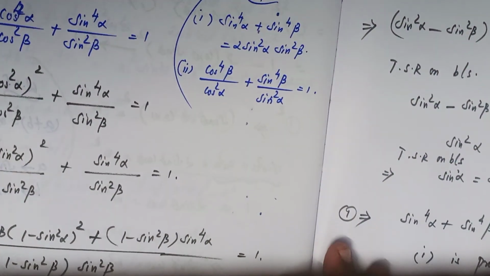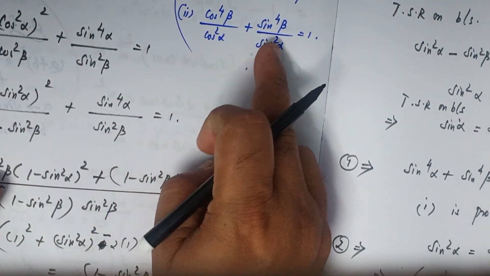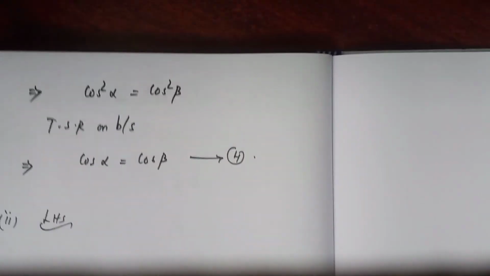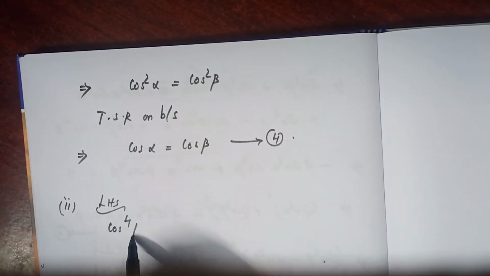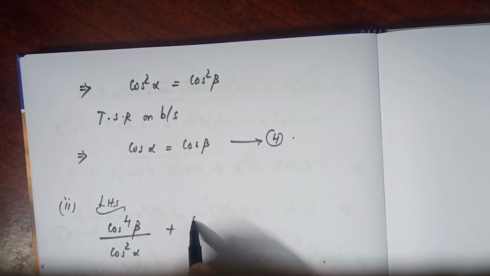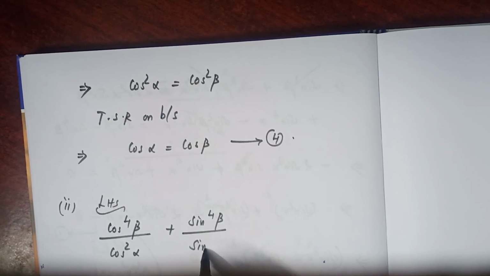Cos power 4 beta divided by cos square alpha plus sin power 4 beta divided by sin squared alpha.